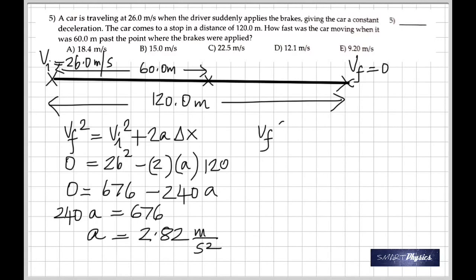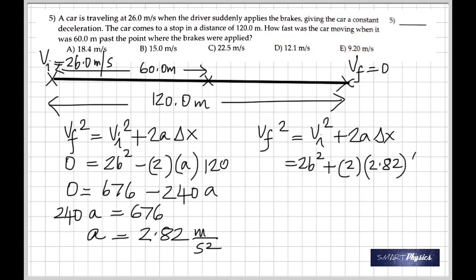Acceleration is 2.82, and now in the second part, just use the same equation, and we're trying to find the final velocity after 60 meters. So we have the initial velocity now, and we have the acceleration. Plug it in. That was a minus, and the answer is 18.4 meter per second.